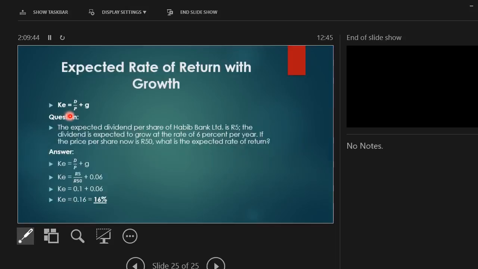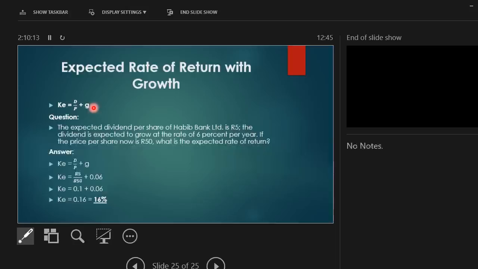It's one and the same formula we've been applying. It's just that we are making KE the subject of that formula. Remember, once you know the formula, getting the information is easy, because once you have your D, your P, and your G, then you are good to go.